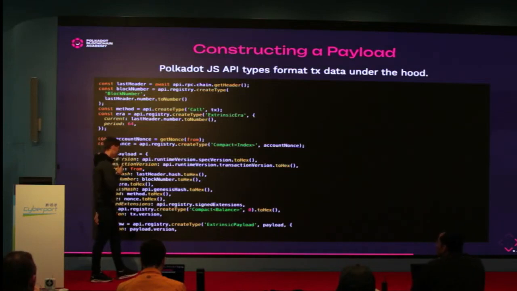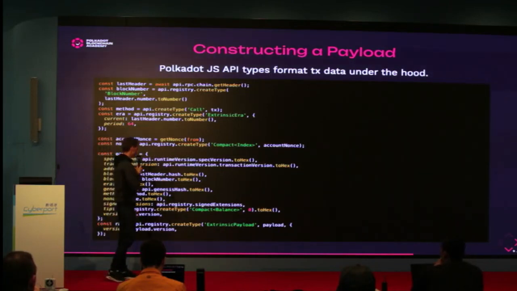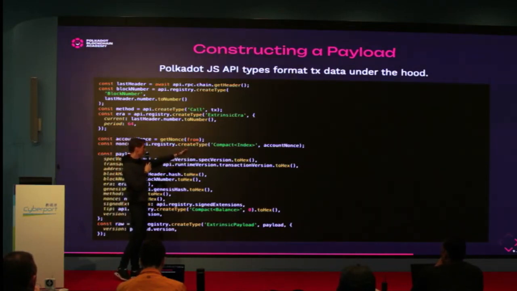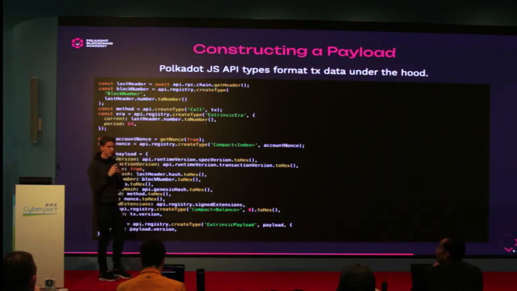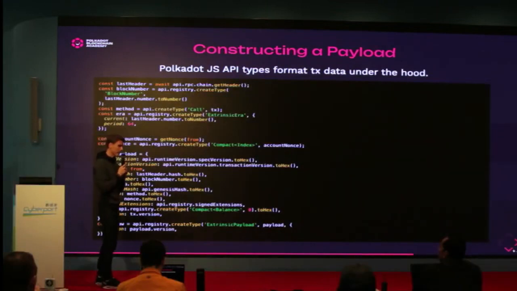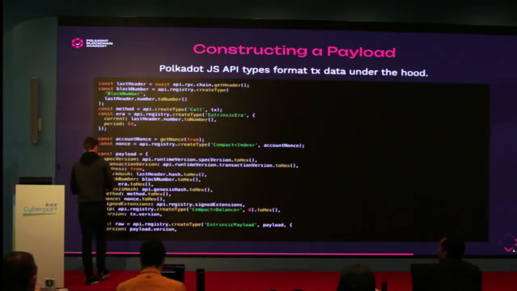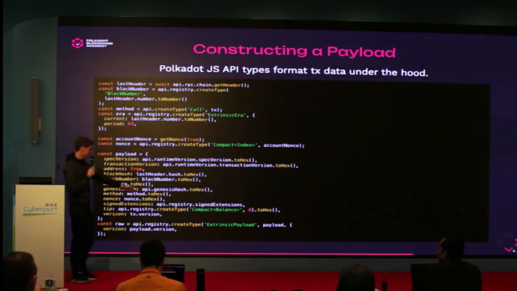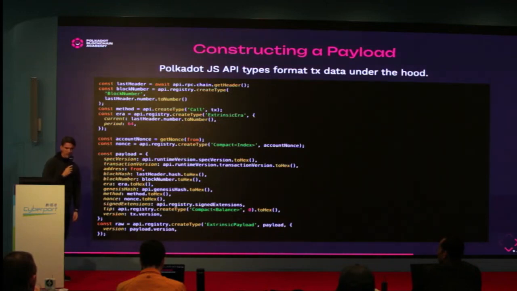These are types from your node. So I just give the primitive JavaScript value here, like my account nonce. I say I want this to be a compact index, and then under the hood, Polkadot.js API will format that to a value the JSON RPC understands. So we don't need to worry about that. Okay. So when we're done creating the payload, we then create an extrinsic payload type using that value, and we build our payload.